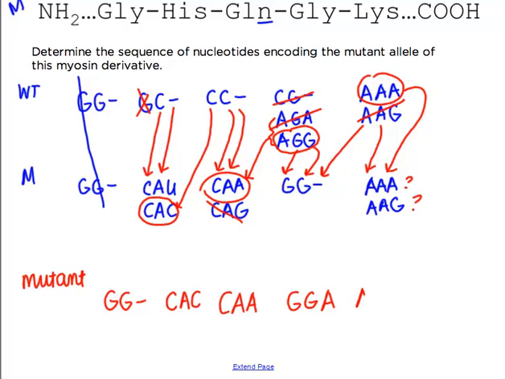And then finally we have AA, and then a dash again, so this dash we will actually write as A/G, because it's not a dash, it can't be any of the 4, it can only be A or G. So this is the sequence of nucleotides that encodes this mutant allele of the myosin derivative. So we know for a fact 13 nucleotides for certain, and 2 we're uncertain of.